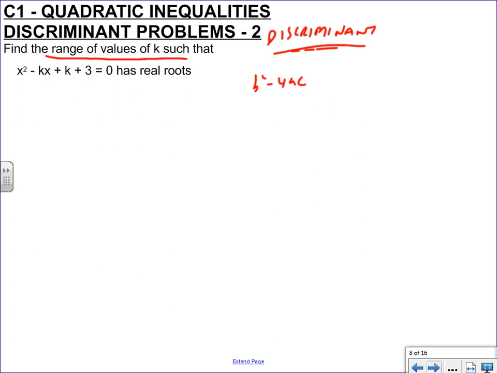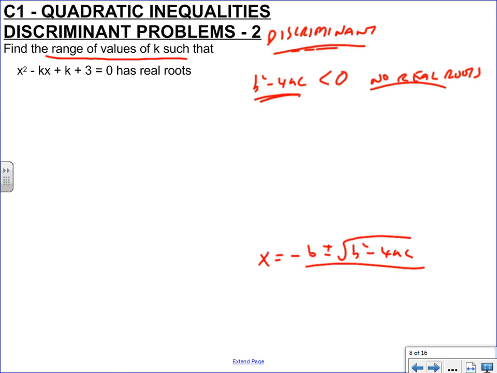Now, hopefully we know that if the discriminant is less than 0, this means no real roots. And again, hopefully you're wondering why that is, or you know why that is. And where have you seen that b squared minus 4ac before? Well, you've seen it in the quadratic formula.